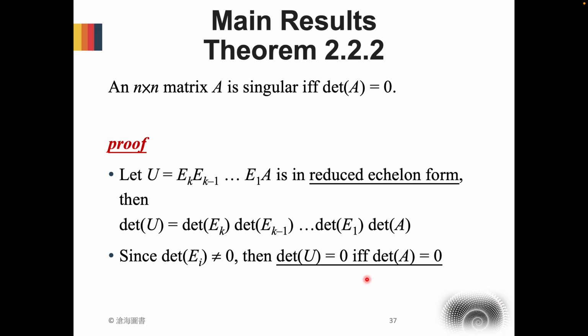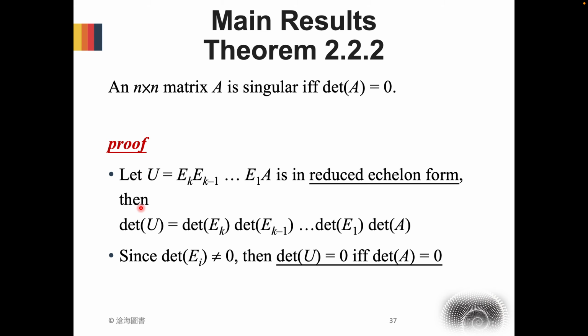Okay, so now from the opposite position, we want to prove that an n by n matrix A is singular if and only if its determinant is equal to 0. So how can we prove it? Let the matrix U be the reduced row echelon form of A. That means we can do a sequence of elementary row operations on A to reduce A into U, right?